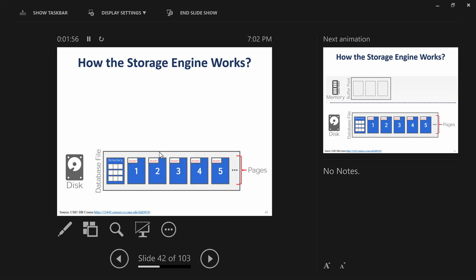So the first level of organization: our database is made up of one or many files. Each file has many pages. And for these pages, there is a very important dictionary that basically maps the logical address to the physical address. Now the rest of the database only knows the logical address. It does not need to care about the physical address.